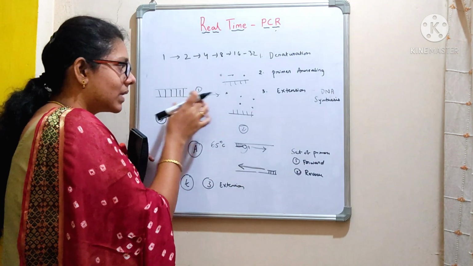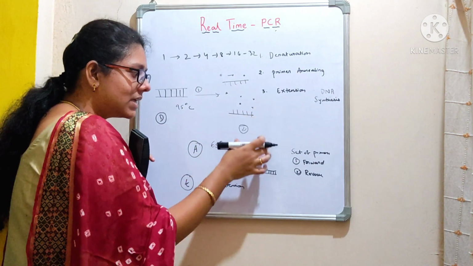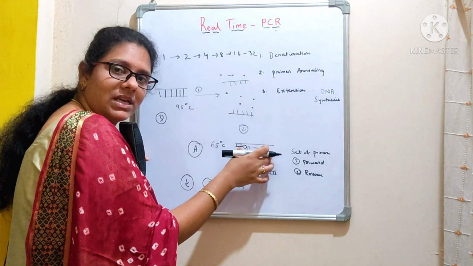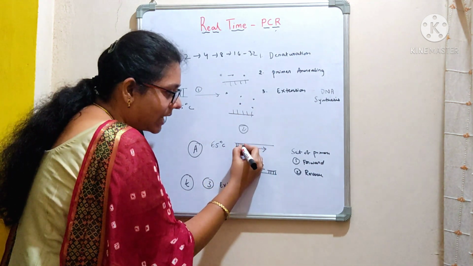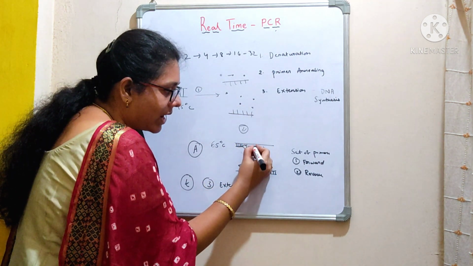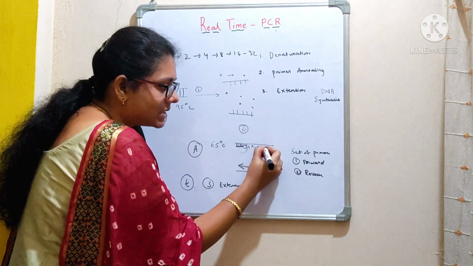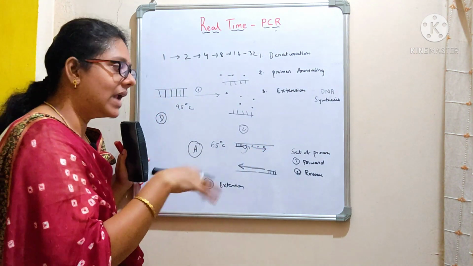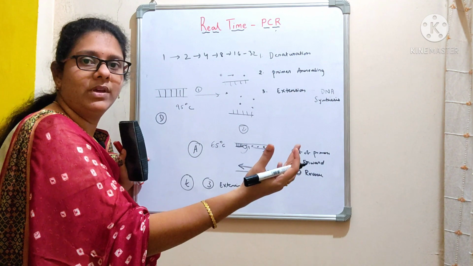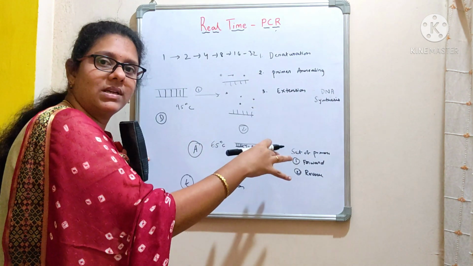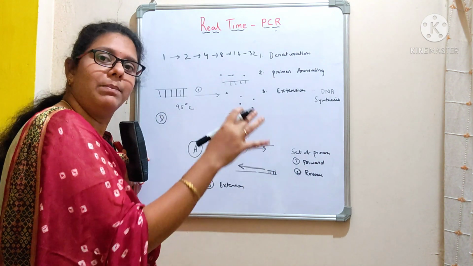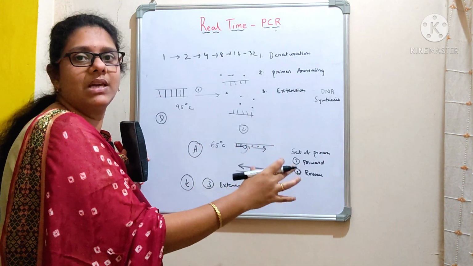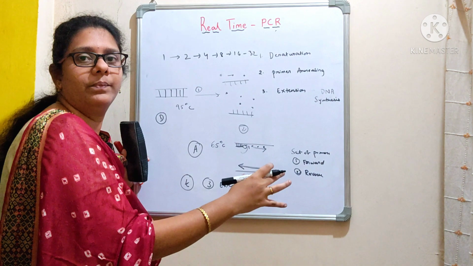Once the single stranded DNA is converted to double stranded DNA with the synthesis of the new DNA strand, this fluorescent dye will bind with the double stranded DNA molecule and emit light. So based on the intensity of the light, you can easily make out the amount of PCR product that has been formed.